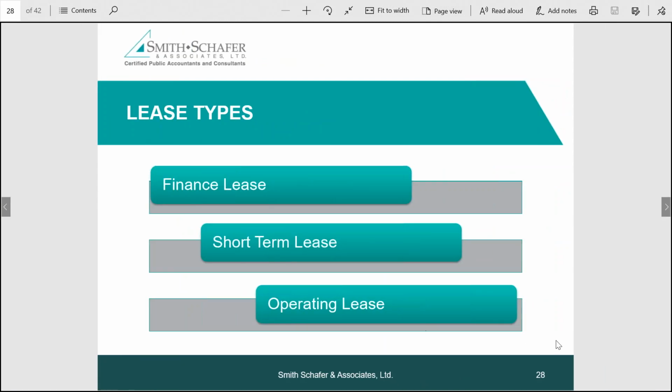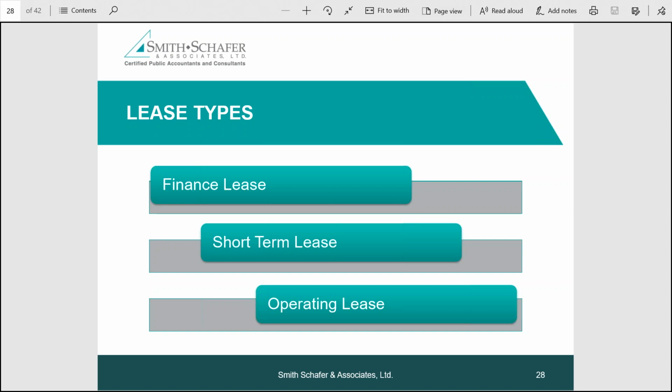So let's talk about our current lease types before we get into the lease types that are presented in this new standard. Currently, I'm going to say we have two types of leases. We have what's called a capital lease, and a capital lease would be a lease that is for probably equipment, and you're going to gain the right of ownership to that equipment at the end of the lease. So that's what we refer to as a capital lease.